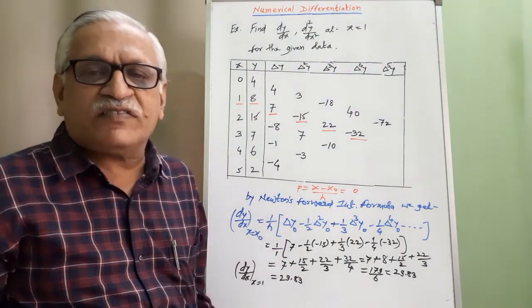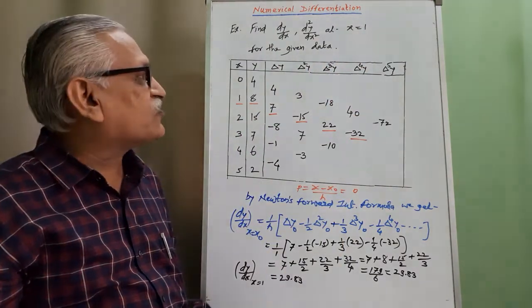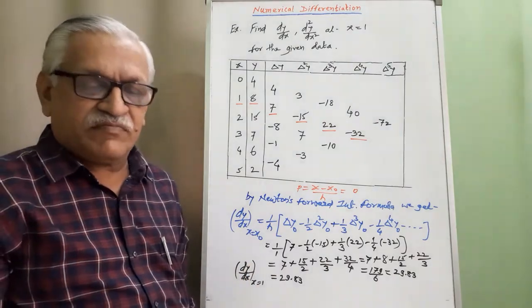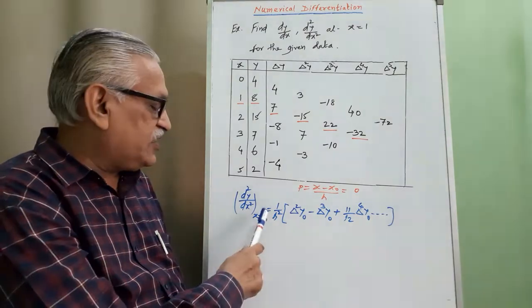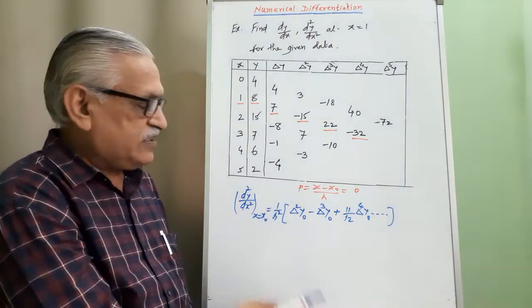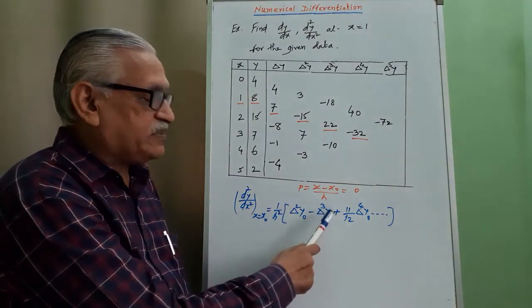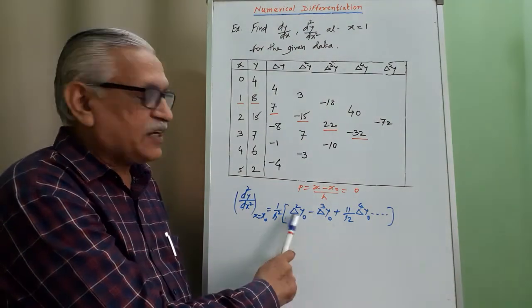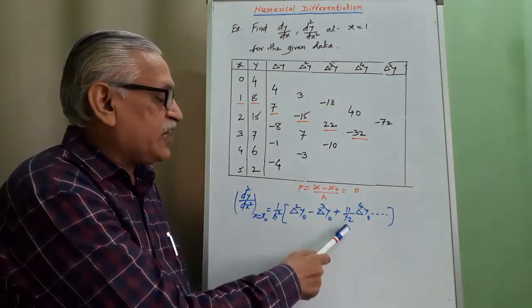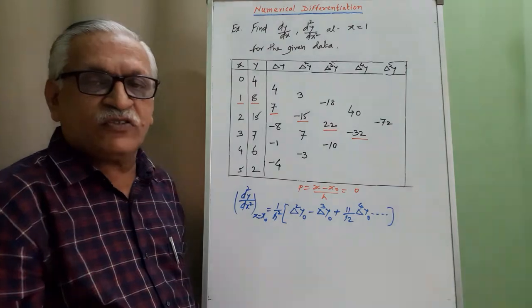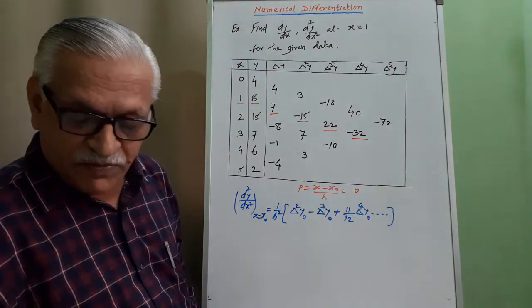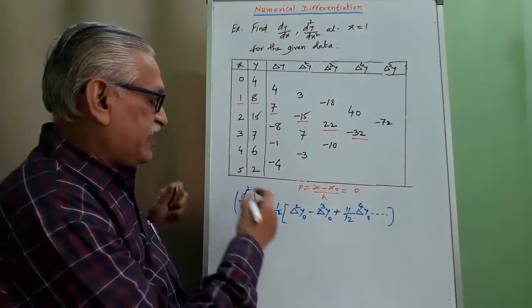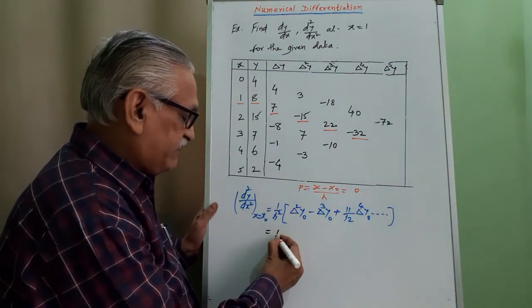Then we try to find the second derivative, d2y by dx square at x equal to 1. d2y by dx square at x0 is given by 1 by h square, del square y0 minus del cube y0, terms alternately positive negative, plus 11 by 12 del raised to 4 y0 and so on. Then we substitute the corresponding values from the table. Here h is 1, therefore 1 by 1 square.